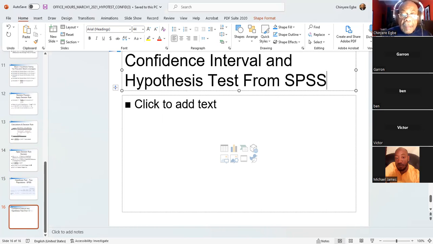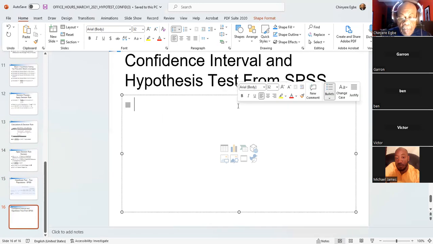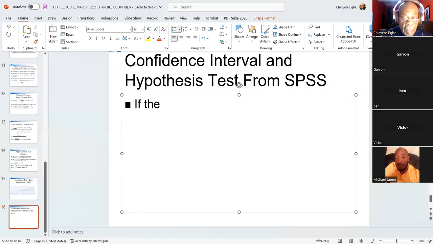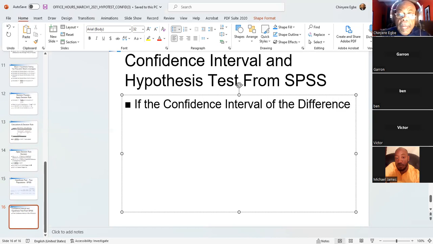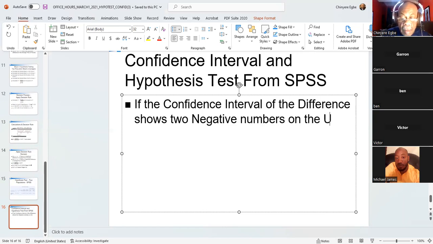From SPSS, okay? If the confidence interval of the difference, this is what you're going to see, okay? There are two negative numbers on the upper and lower values.